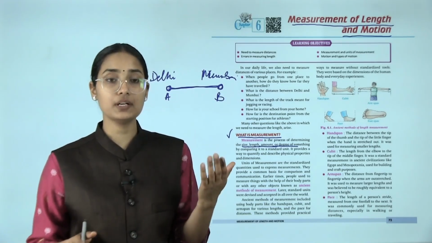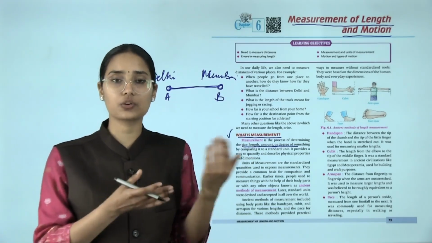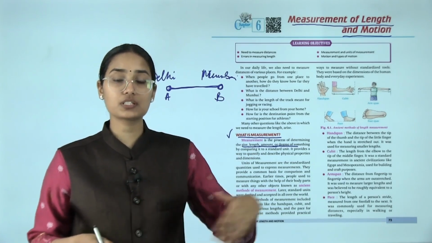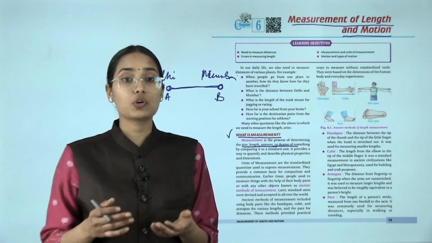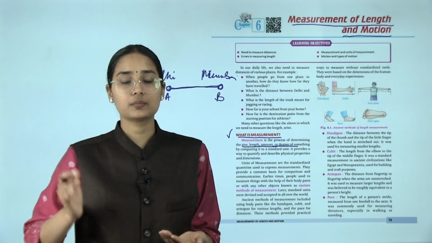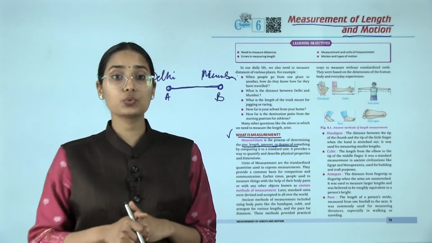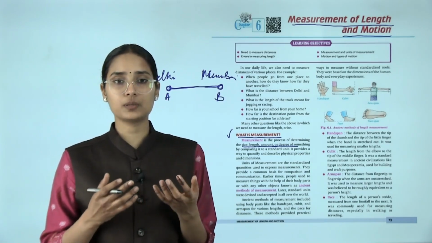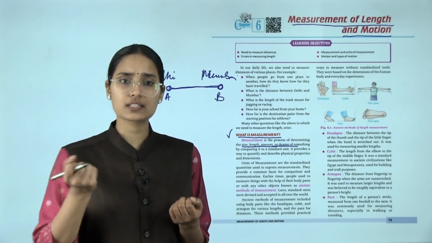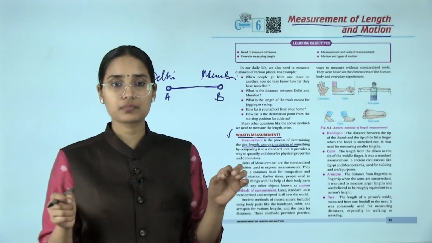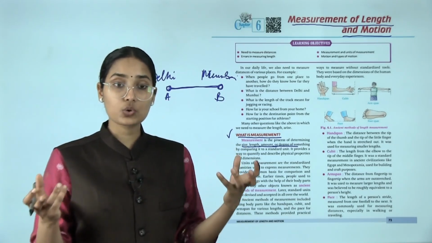Measurement was also done earlier. People used to measure distances, and the amount of grain they had produced in a particular season, and lots of things. But earlier they used their hands, some stones.